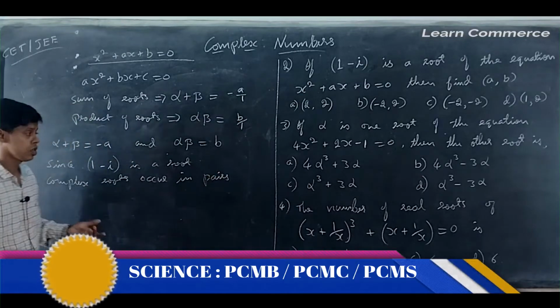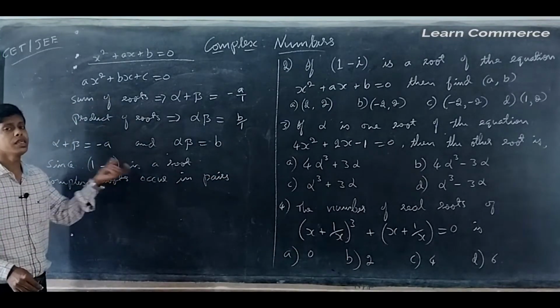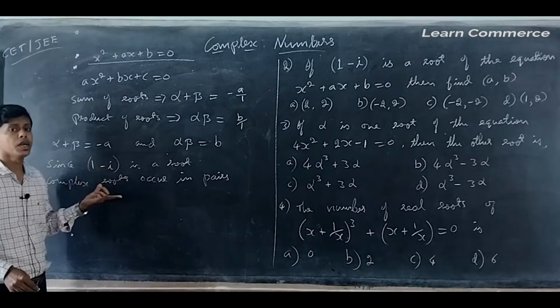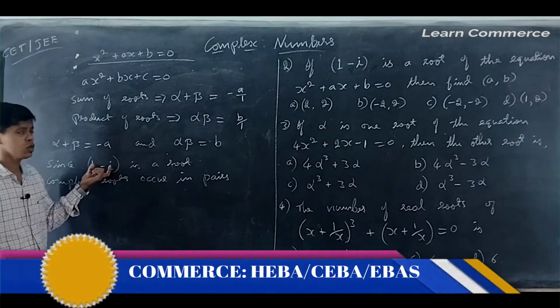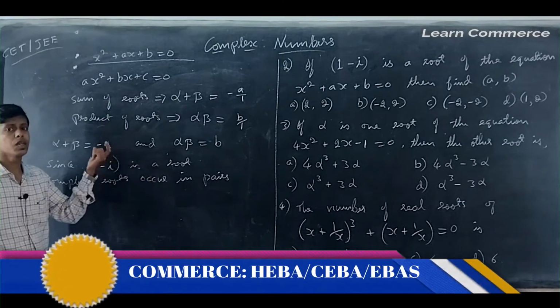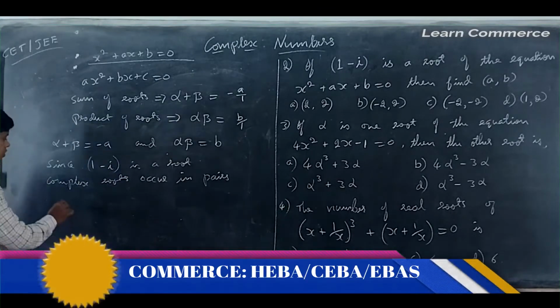So pairs of what? A complex number and its conjugate. A complex number and its conjugate will be the pair of roots. So always, if one root is a complex, the other will be the conjugate of that complex, and that also will be a root of the given quadratic equation.